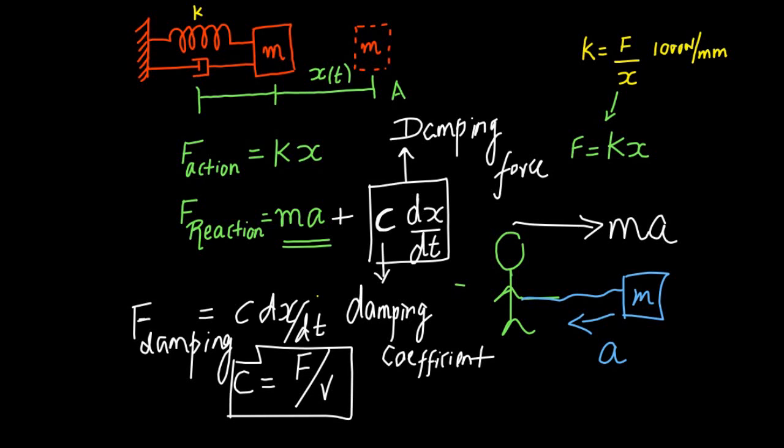So there is a role reversal the moment the mass crosses its equilibrium position. The spring is not going to pull the mass. The spring is going to offer resistance to the movement of the mass.